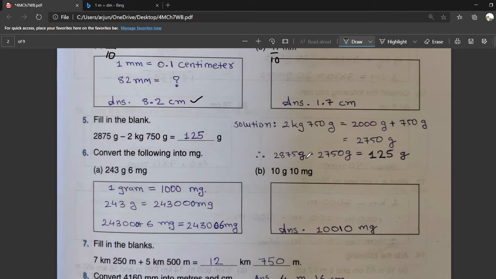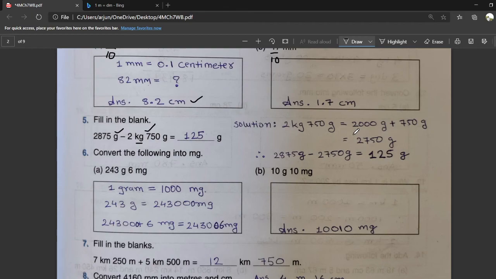2875 grams minus 2 kg 750 gram. Always remember, to add, multiply or subtract, two values should be in the same units. Here, if this is in gram, this should be in gram only. So first convert this kg into gram. 2 kg 750 grams: 2 kg is 2000 gram, since 1 kg is equal to 1000 gram.